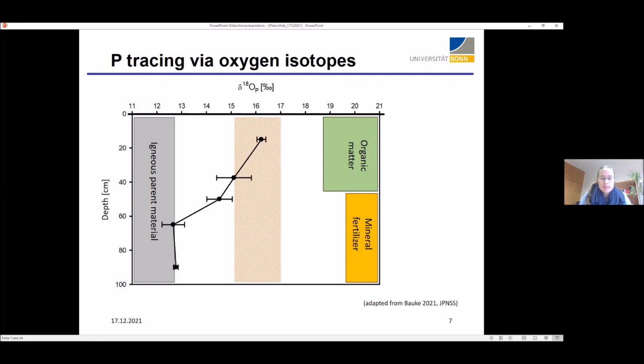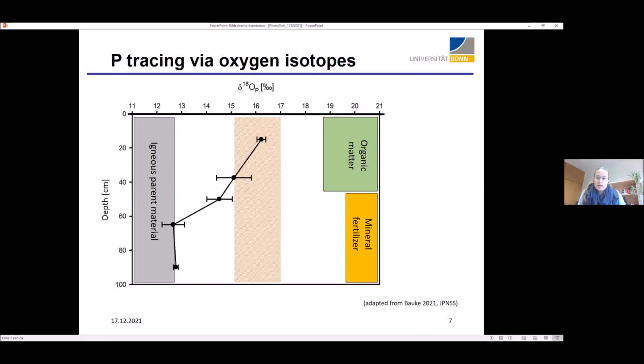So basically what this is telling you is whether the P is biologically active, whether it is taken up by microorganisms and recycled, and anything that is biologically active in this way should, in theory, also be available for uptake by the plants.